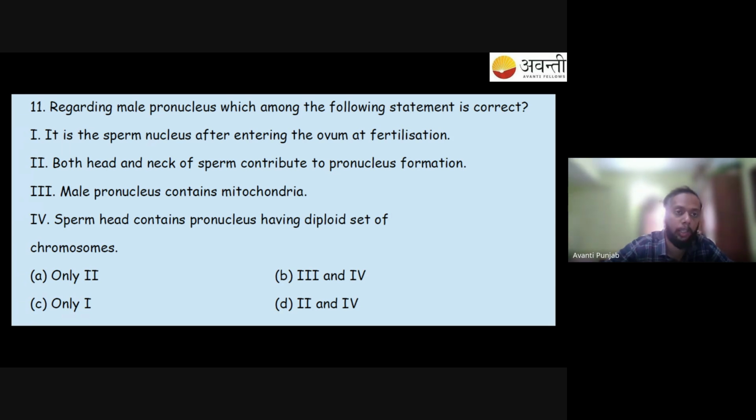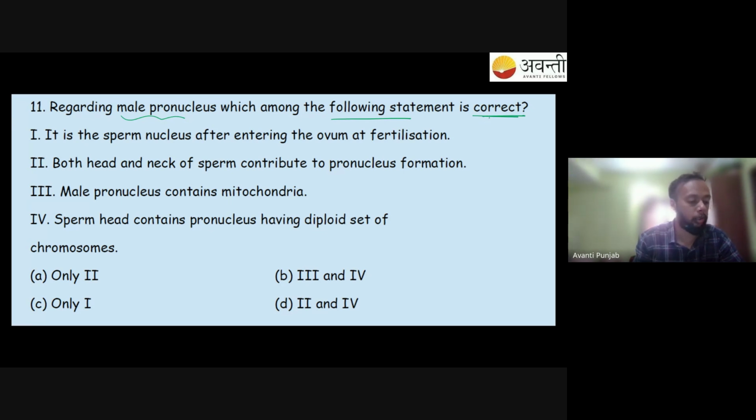Tell me, क्या होगा इसके अंदर आंसर यहाँ पे? Read the statements carefully. Regarding the male pronucleus, which among the following statement is correct? इनमें से कौन सी स्टेटमेंट आपके यहाँ पे करेक्ट है? अगर करेक्ट नहीं ढूंढ पा रहे तो गलत वाली ढूंढ लो. You are giving me all or saying option A यहाँ पे. पूछा क्या गया आपसे यहाँ पे? मेल प्रोन्यूक्लियस के कॉन्टेक्स्ट में which among the following statement is going to be correct?